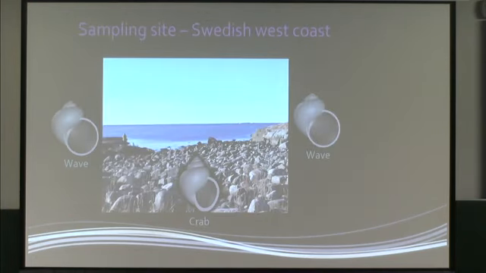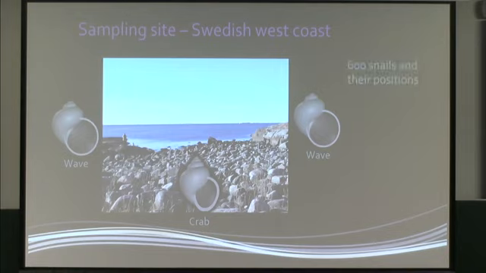So the data I've been using is from the Swedish west coast, and it was sampled before I even started this project. But it consists of a boulder field here in the middle, which means that it's a sheltered crab habitat, and on either side we have smooth cliffs, so they are more swept by the waves. So a crab habitat in the middle and one wave habitat on either side.